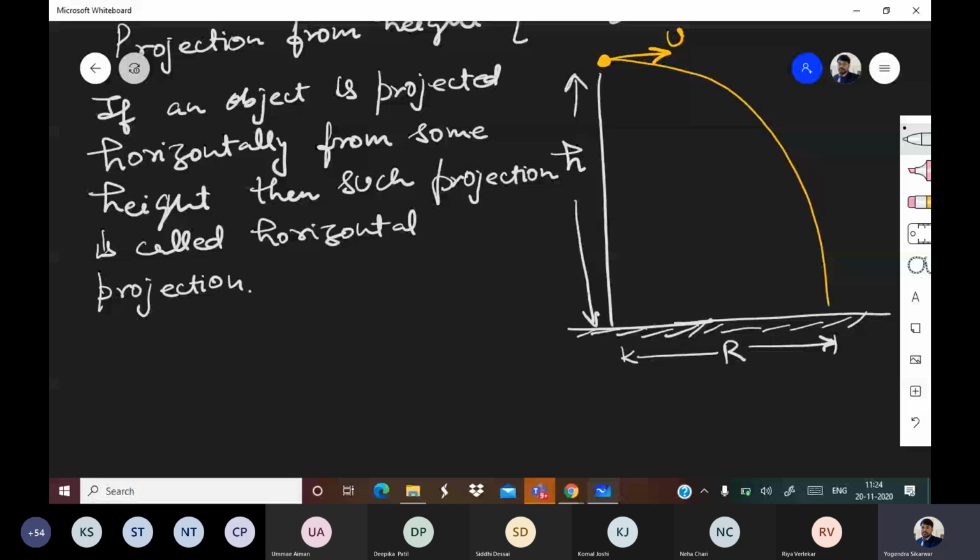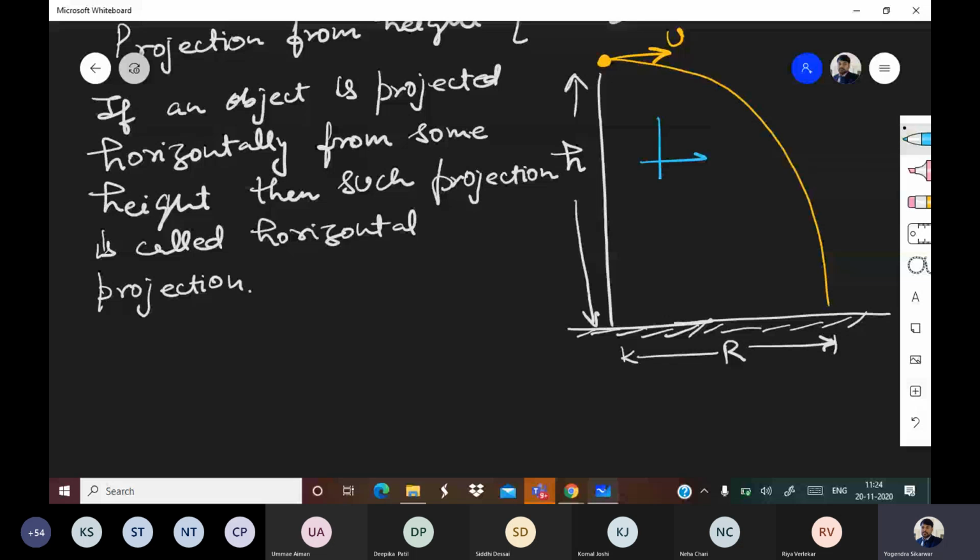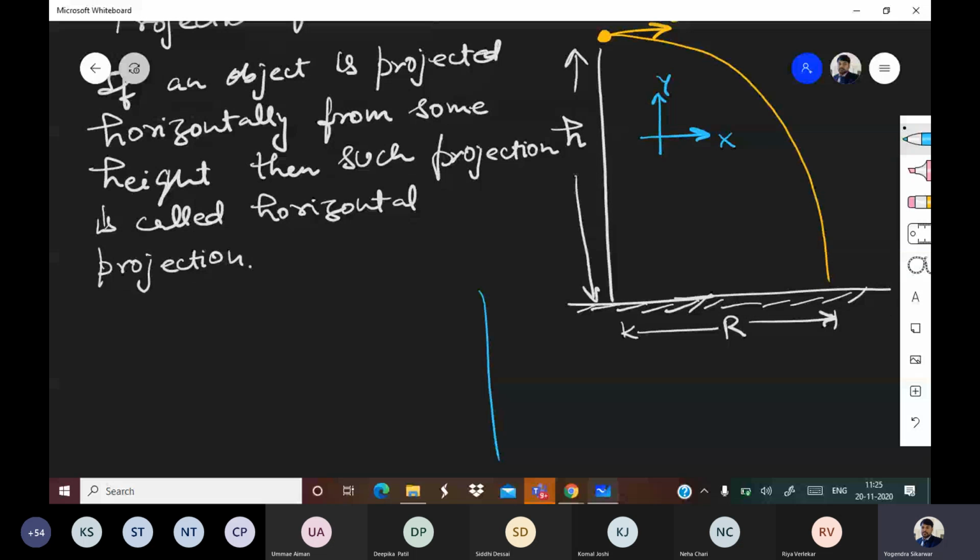All right. So which sign convention we are going to use? Let me tell you very clearly in the beginning. We are going to use this sign convention. This is x-axis, this is y-axis. Okay. So pay attention. Along x-axis, what you can see is ux is equal to u.